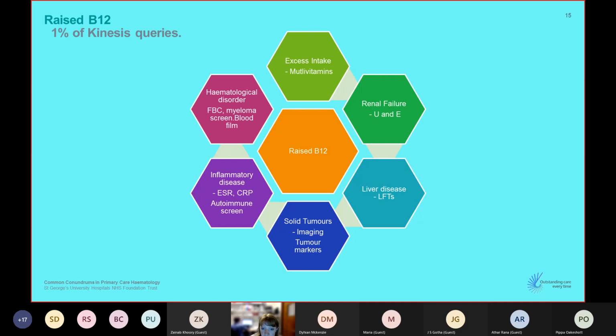Renal failure can be associated with raised B12, as can liver disease, as we store some B12 in the liver, and it's released when there's damage. And solid tumours are associated with raised B12, along with hematological malignancies. And inflammatory disease can cause it as well, so always consider checking an ESR, CRP, or autoimmune screen.